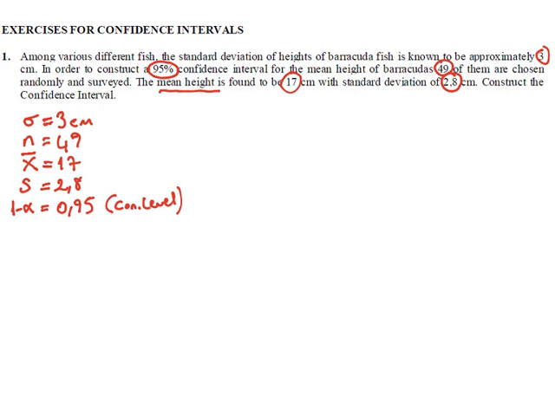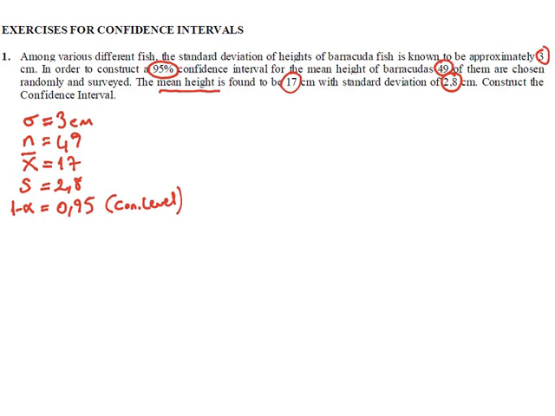Now the question is, which confidence interval is the one that I'm looking for? It's the confidence interval for the mean. Why?